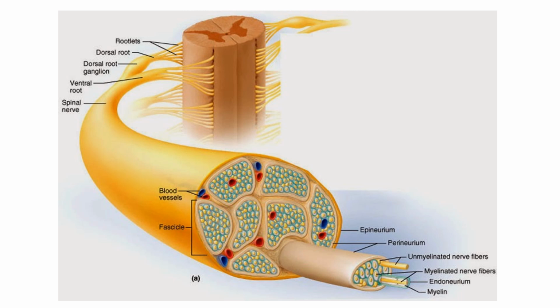Red again is oxygenated blood. Blue would be deoxygenated, a vein heading back to the heart. And so we have that epineurium around. All right, so we have the endoneurium, the fascicle is the middle one, and the epineurium around the entire nerve.